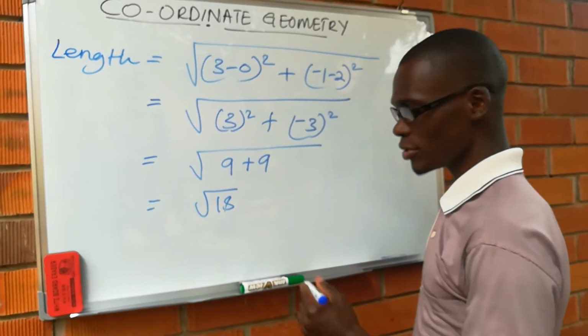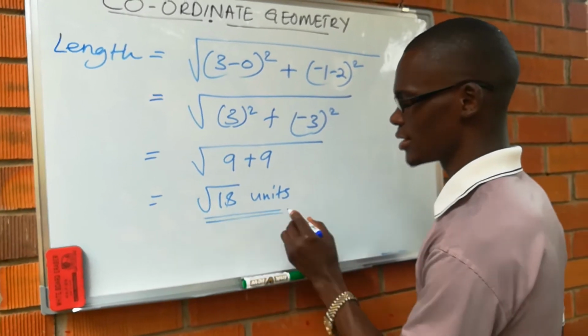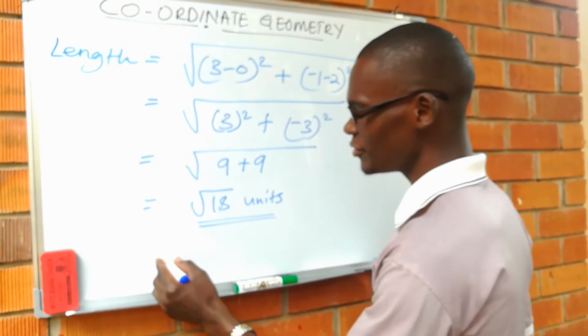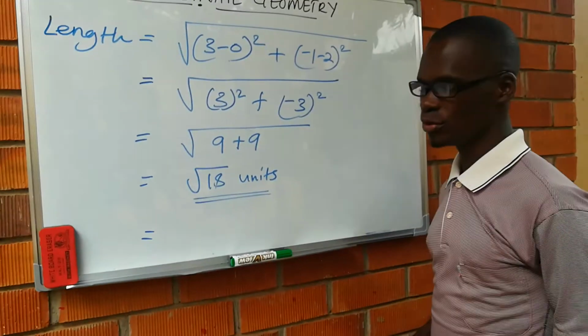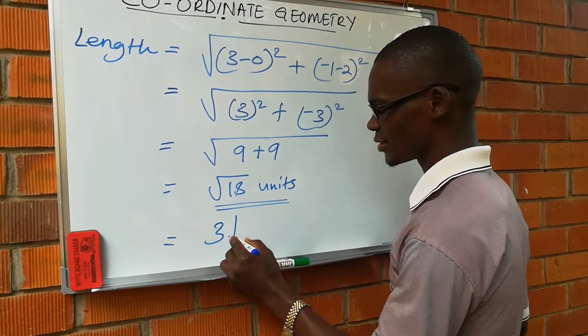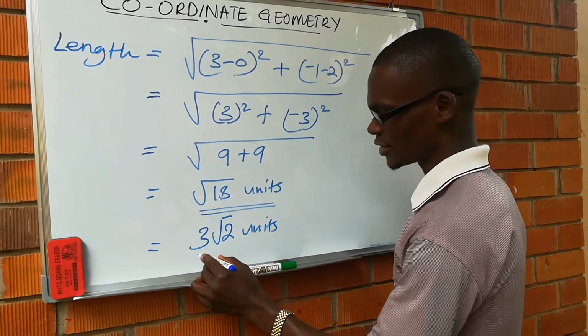You can stop here and you write units, so meaning that they are the square root of 18. Or you can simplify that, because we know that 18 is 9 times 2. So that gives us 3 root 2 units.